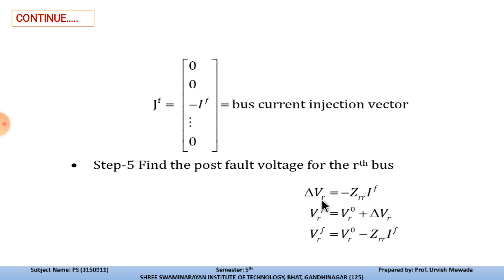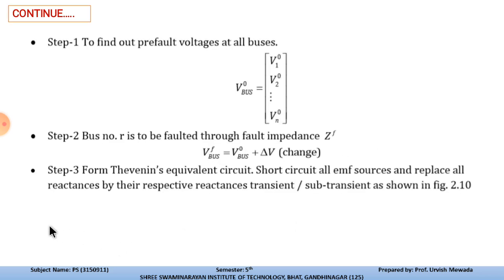And after that, if we want to determine the fault voltage at the R bus, that will be from the previous equation. We are using the previous equation over here: VR raised to 0 plus delta VR. You can see that I am just scrolling this down. So over here you can see that V fault bus is equal to V0, the bus where the fault occurs.